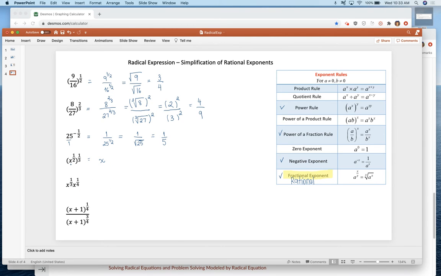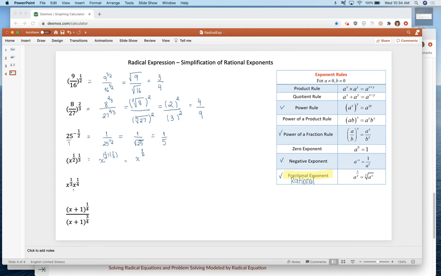So this is my base, the variable x, with the power 1/2, and the result goes to the power of 1/3. So then I multiply both powers, and I get x to the 1/6 as the result for this one.